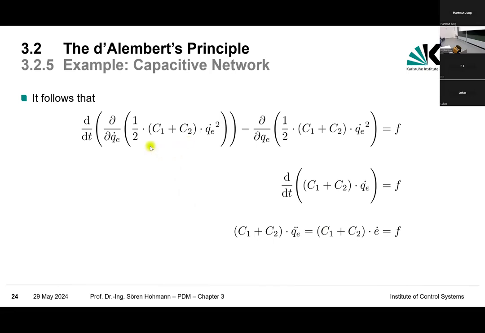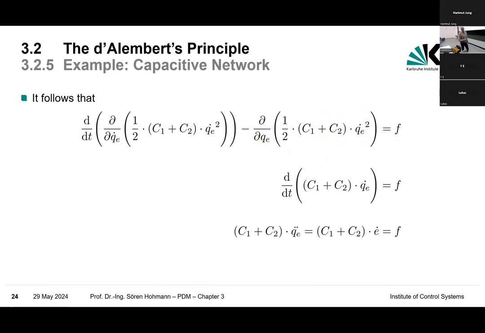This depends on QE dot, and this here does not depend on QE. Take it like in ODEs, you learn it there, take this as a variable. So the partial derivative of this expression with respect to QE is 0.